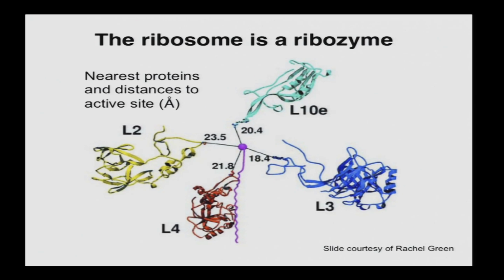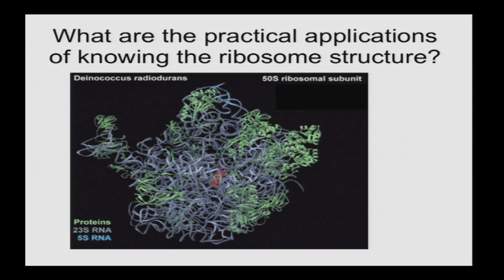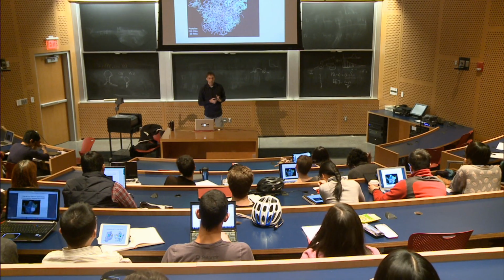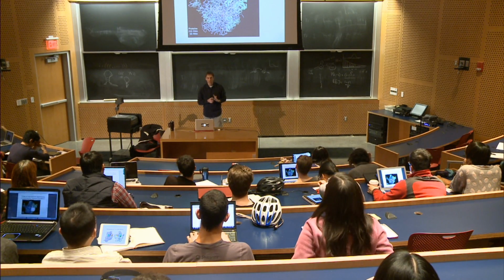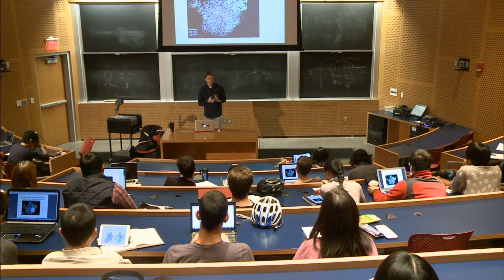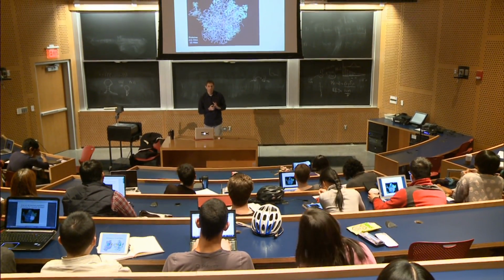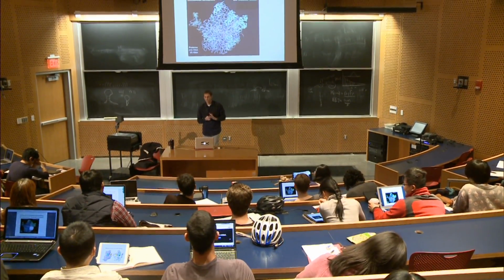Okay, all right, good. So here is the structure of a ribosome. It's very beautiful, and it's impressive that somebody could actually solve the structure of something this big. But what is the practical use of this structure? It turns out there's quite an important practical application of knowing this structure. Any ideas? Antibiotics, exactly.